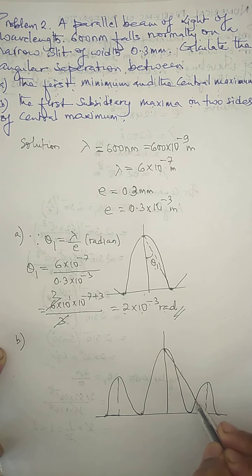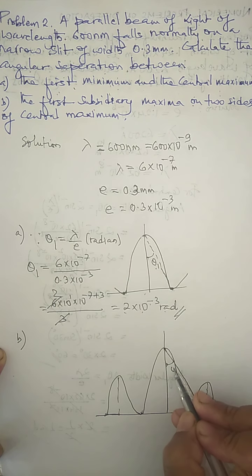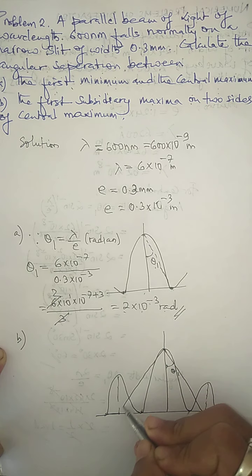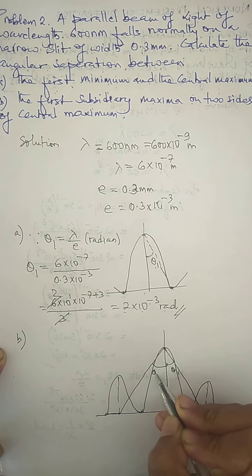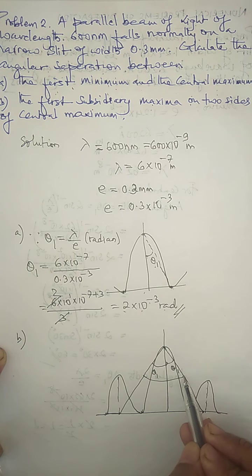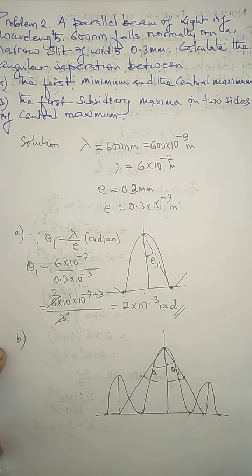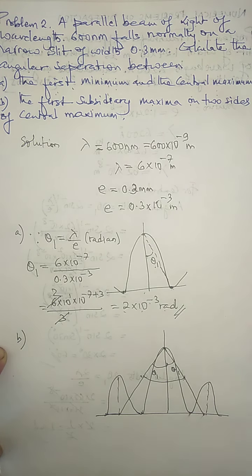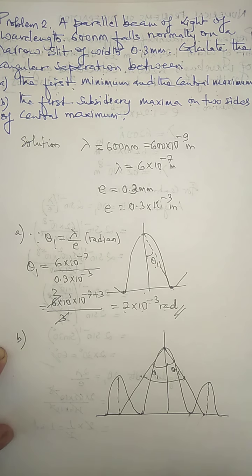This angle, if I say, is theta 1 for the secondary maximum. This angle is also theta 1 for the secondary maximum. See, I am dealing with the maximum. Now this whole angle, this separation, we need to calculate. So to calculate the angular separation for the first subsidiary maxima, I use the condition of secondary maxima.